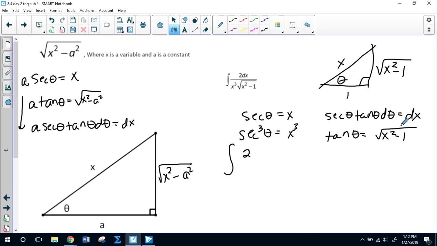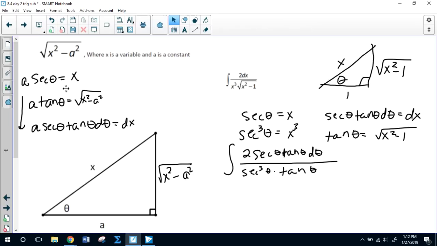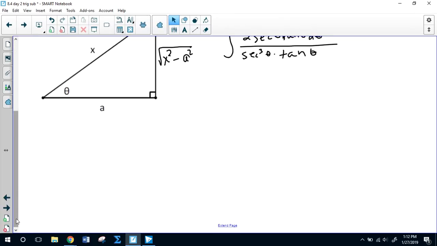Okay, this problem, 2 dx. dx is secant theta tangent theta d theta. X cubed is secant cubed theta, and the square root part is equal to tangent theta. So now I am going to do some simplifying.